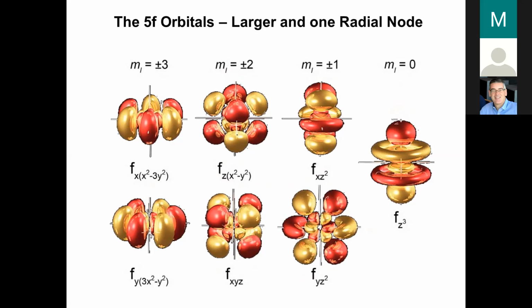So when discussing orbital overlap or symmetry, typically people refer to the 4f orbitals and neglect the higher complexity of the 5f orbitals for simplicity of discussion. But you, of course, know that life is not always that simple.